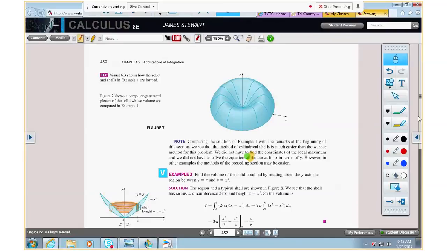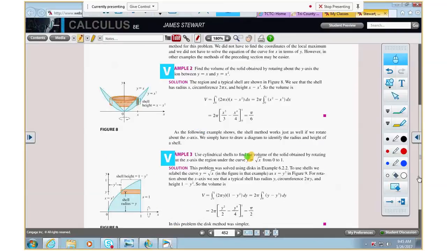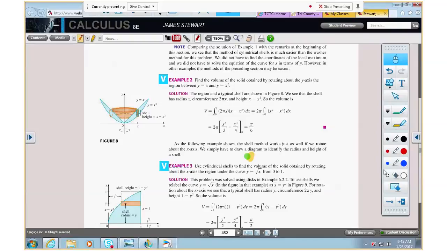Now, when it really gets tricky is when they start giving you crazy stuff like this. You're talking about something that looks like a vase, but the sides are different.